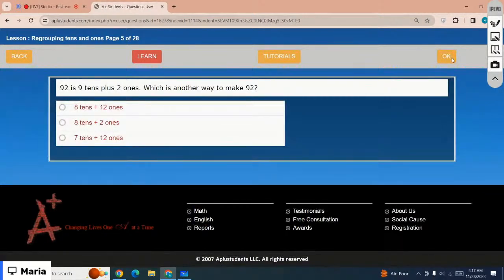92 is 9 tens plus 2 ones, which is another way to make 92. So, which is the correct option?